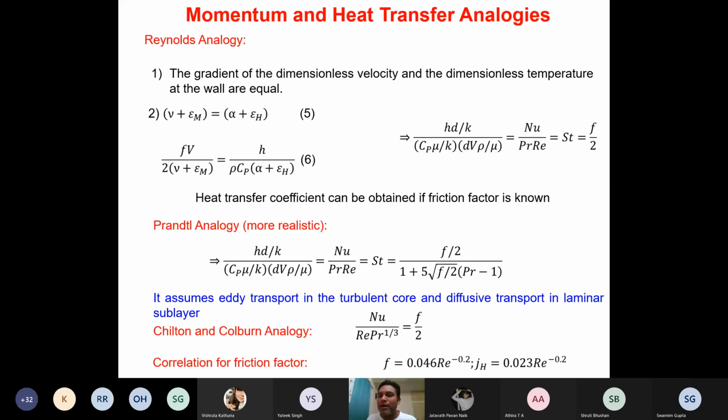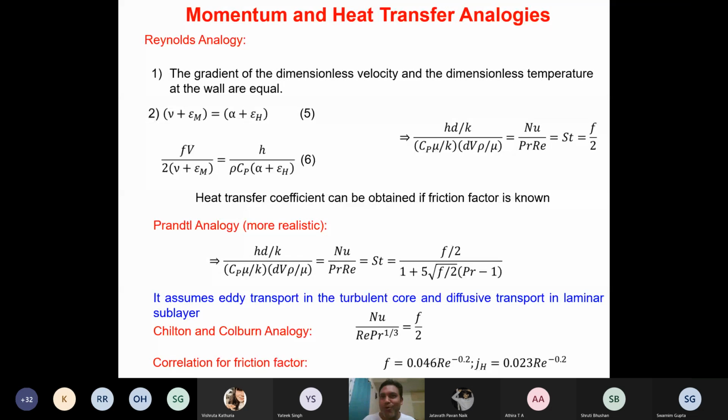We can just put it in this equation, the Stanton number, which is defined as Nusselt number divided by Prandtl number and Reynolds number, and Nusselt number is given in the form hD by k. We can directly find out the heat transfer coefficient. So this equation gives me a relation between the friction factor and the heat transfer coefficient directly. That's a very important result. You don't have to make any correlations. You find out the friction factor, and if you know the friction factor, you can find out the heat transfer coefficient.